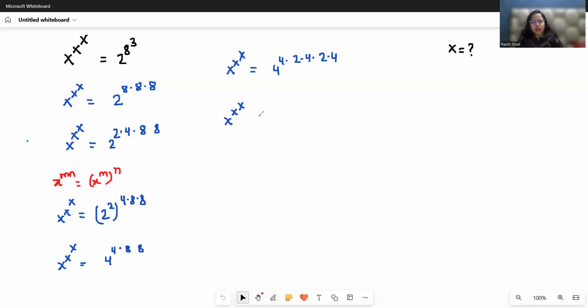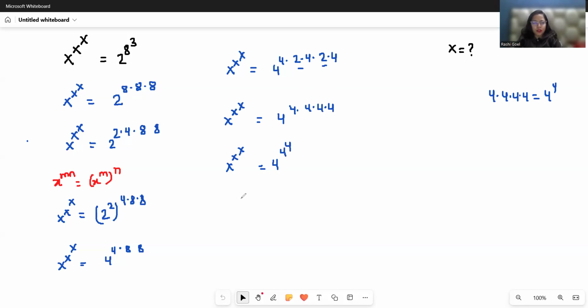Now x^x = 4^4 times, this 2 times 2 becomes 4, then 4, then 4. So 4 times 4 times 4 times 4, I can write it as 4^4. So x^x = 4^(4^4).